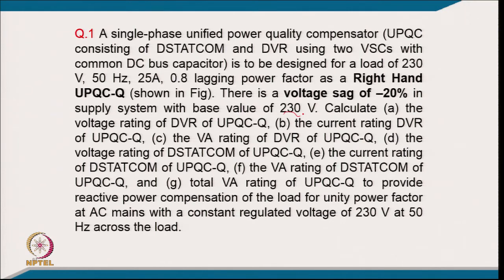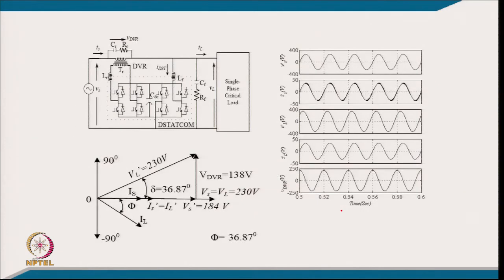Calculate the voltage rating of the DVR of UPQC-Q, the current rating of the DVR, the VA rating of the DVR, the voltage rating of the D-STATCOM of UPQC-Q, the current rating of the D-STATCOM, the VA rating of the D-STATCOM, and the total VA rating of the UPQC, to provide reactive power compensation of the load for unity power factor, with a constant regulated voltage of 230 volt, 50 hertz across the load.